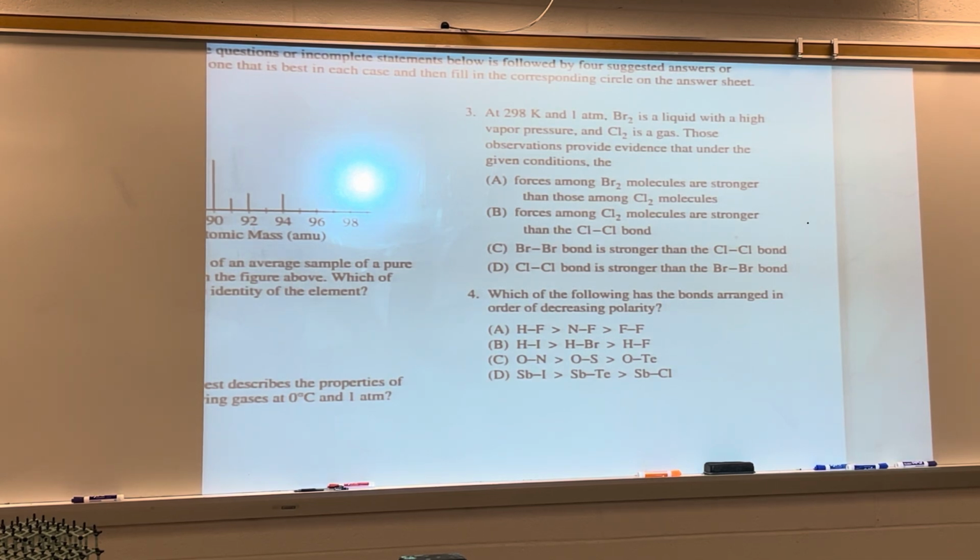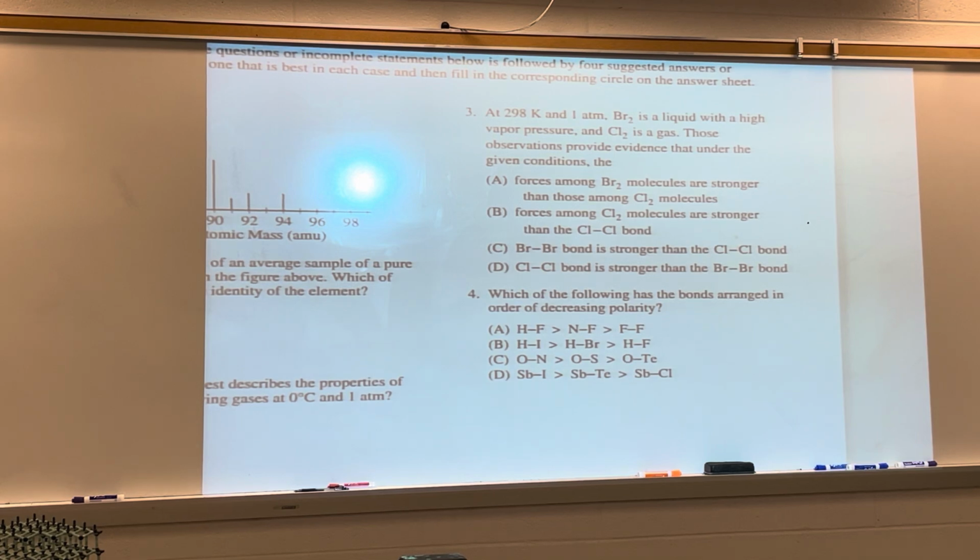Okay, with 1 being an A, 2 being a B, 3 being a C, 4 being a D. On number 3, what are we thinking? Don't hold it way up, but just kind of flash me. What do we think the answer is to number 3?